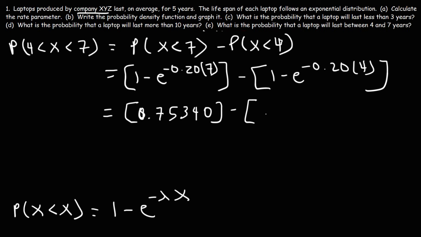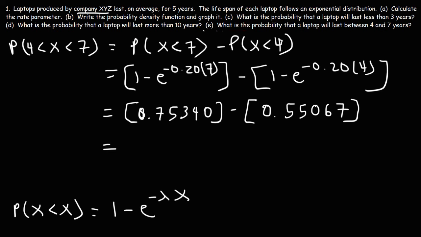Now for the second part, 0.20 times 4 is 0.80. So it's 1 minus e to the negative 0.80. And you should get 0.55067.